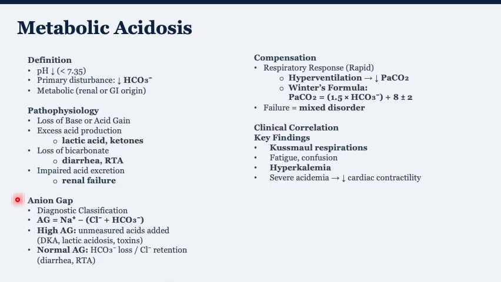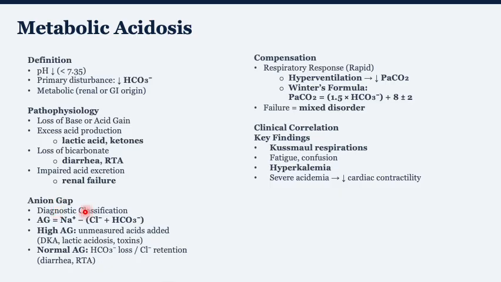So in a metabolic acidosis, when you're looking at an anion gap, and the anion gap is sodium minus chloride plus bicarb, we calculate this number from the serum chemistry. So it's two things when you're having patients that you're thinking have an acid-base disturbance. You'll look at their chemistry, their Chem 8, but also you may have to get an ABG, arterial blood gas.